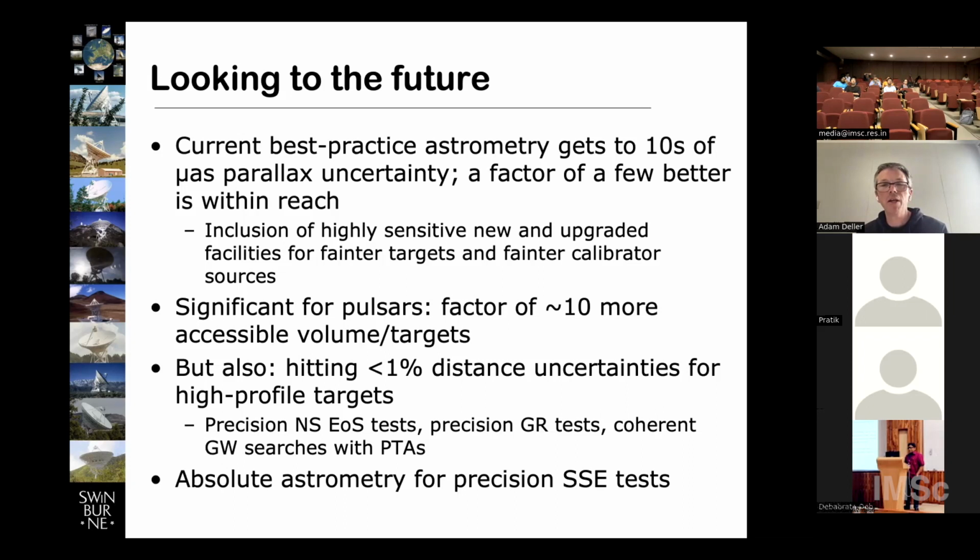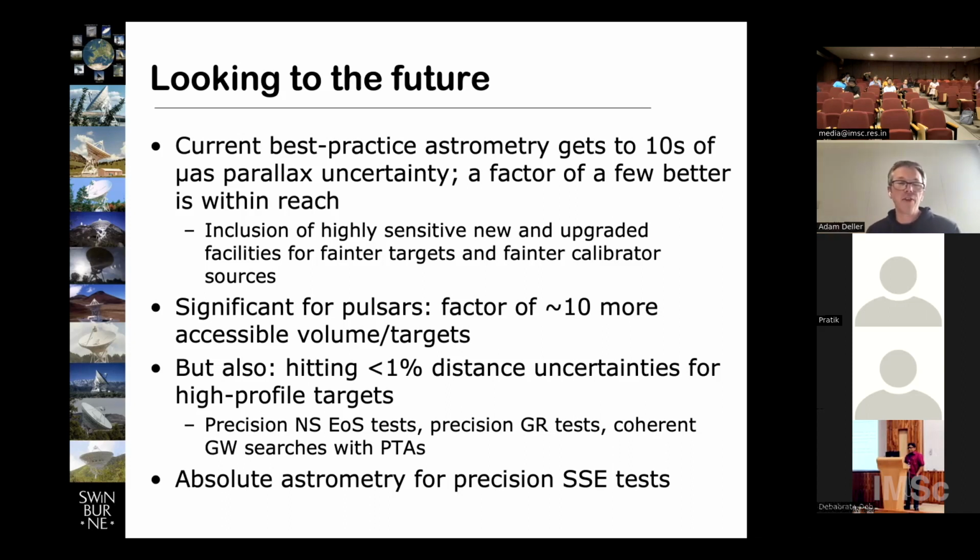But I think we can do a factor of a few better, and that mostly comes from adding new and sensitive and wide field facilities such that we can access multiple fainter calibrated sources at once and do this more complicated but better calibration that I've been banging on about. So that's already pretty significant in terms of the volume or the number of pulsars which are then feasible, probably a factor of 10 more volume.